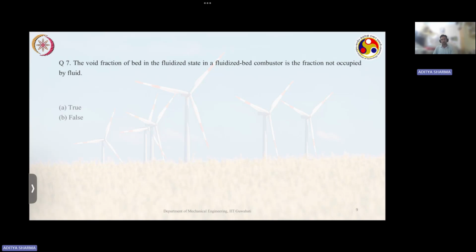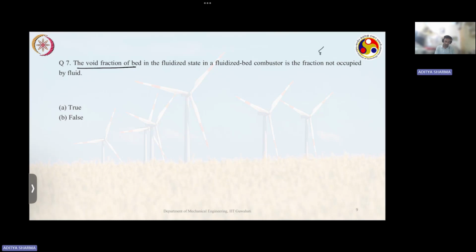So this is a true or false type of question. Question number 7. So this is on void fraction, and it states that the void fraction of bed in the fluidized state in a fluidized bed combustor is the fraction not occupied by the fluid.